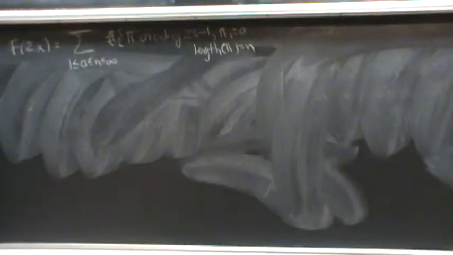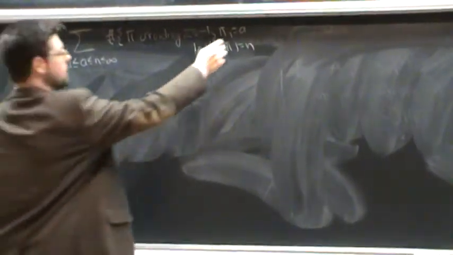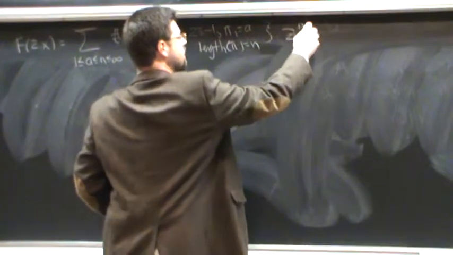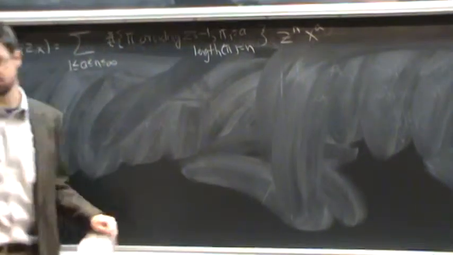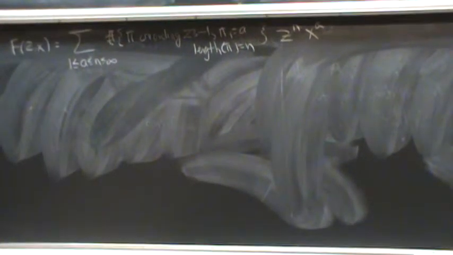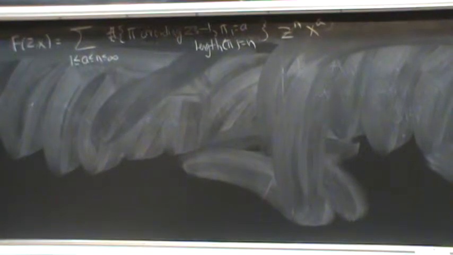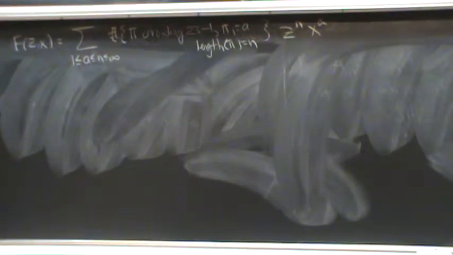So length n permutations, first letter is a. z is going to keep track of our length, x is going to keep track of our first letter. These are formal power series. We're not worrying about convergence, that sort of stuff.